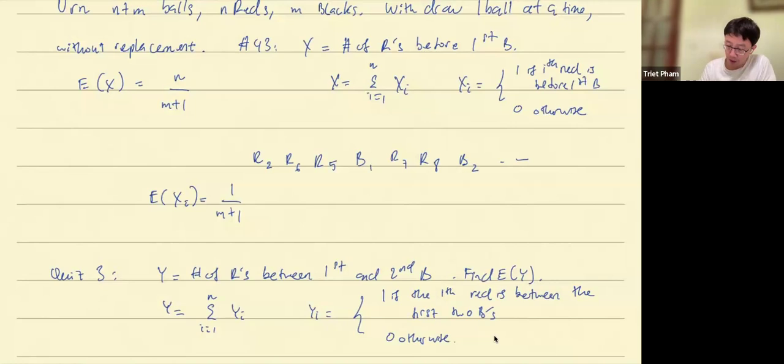So for example, in this sequence that I drew, Y2, Y6, Y5 will be 0 because you only count it if it happened between the first 2 blacks. Y7, Y8 will be 1, resulting in 2 red balls in between the first 2 blacks. All others will be 0. Okay.